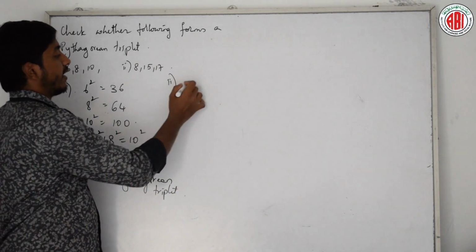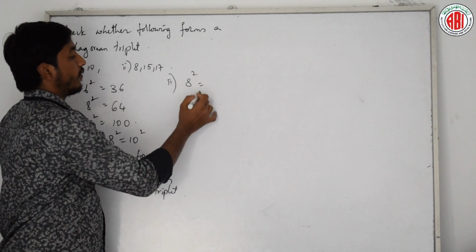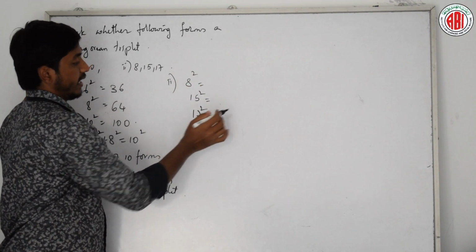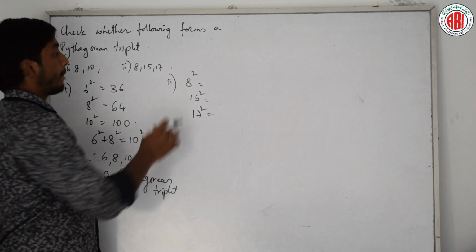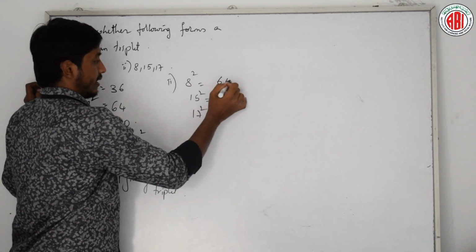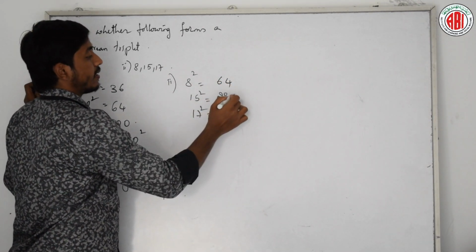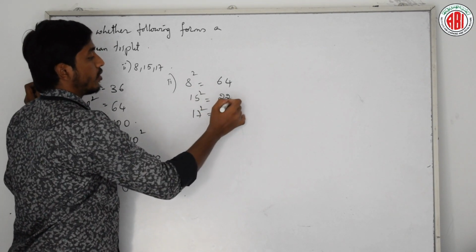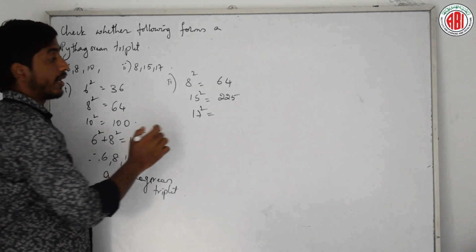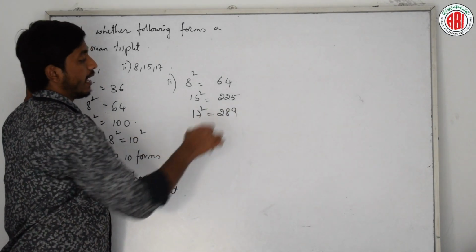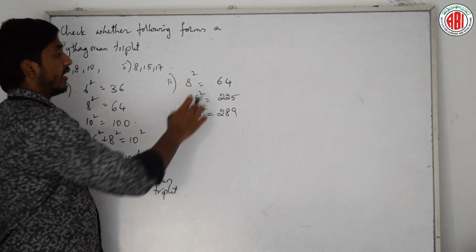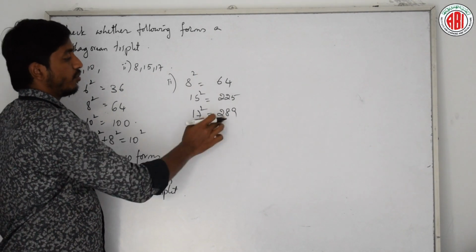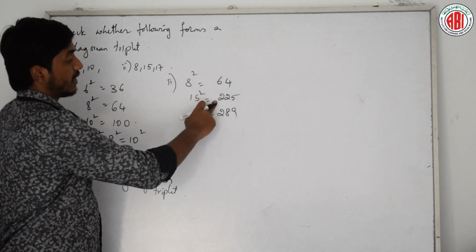See the next question. 8, 15, 17. 8 square, 15 square, 17 square. Okay. 8 square is 64. 15 square is 225 and 17 square is 289. Right. If I add these both, do I get this? 64 plus 225.